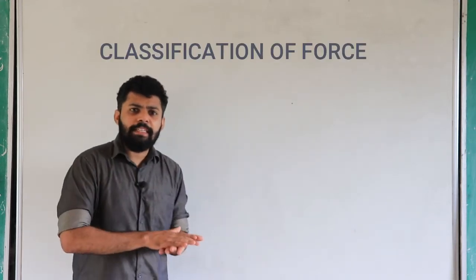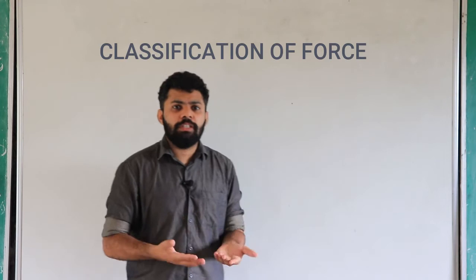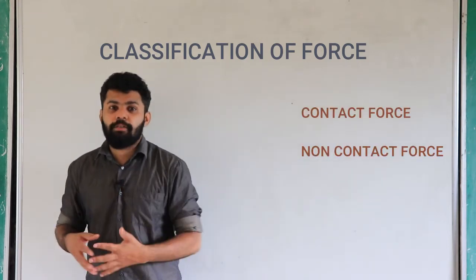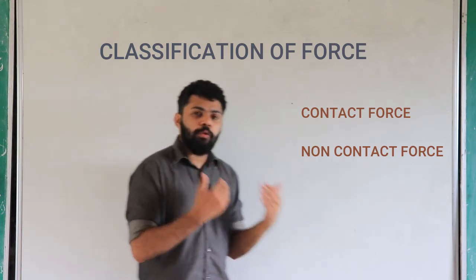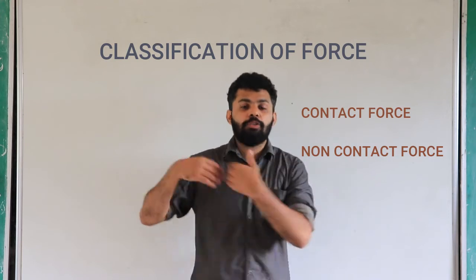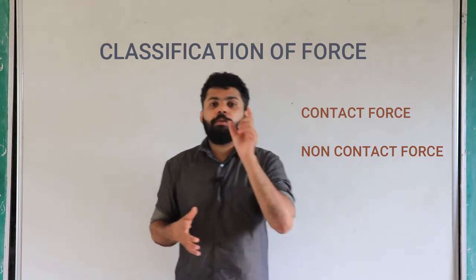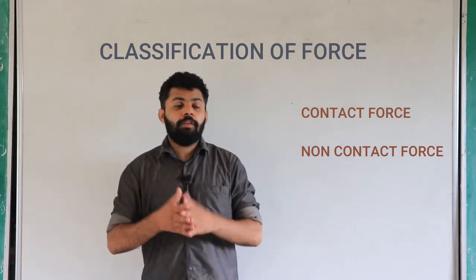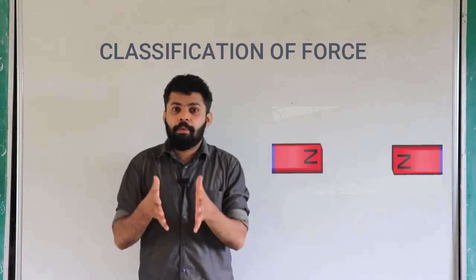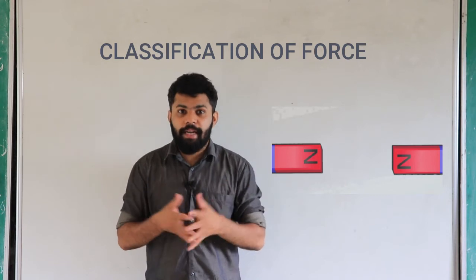So you can classify forces into 2 types. They are contact force and non-contact force. If 2 objects are interacting with each other without contact, then that is called non-contact force. One example is if we have 2 poles of magnets, they can apply force without contact.